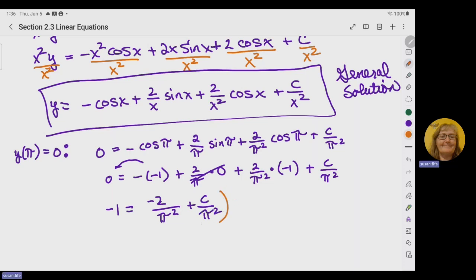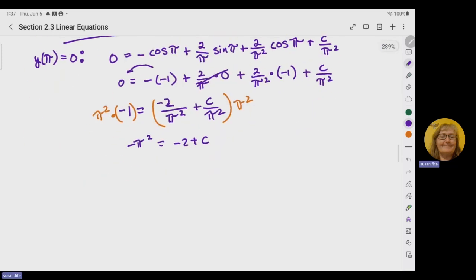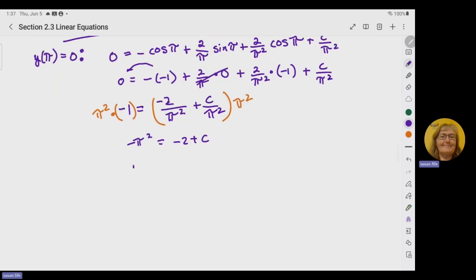And I'm going to multiply by pi squared first to get negative pi squared equals negative 2 plus c. And then I can solve for c by adding 2. So c is 2 minus pi squared.